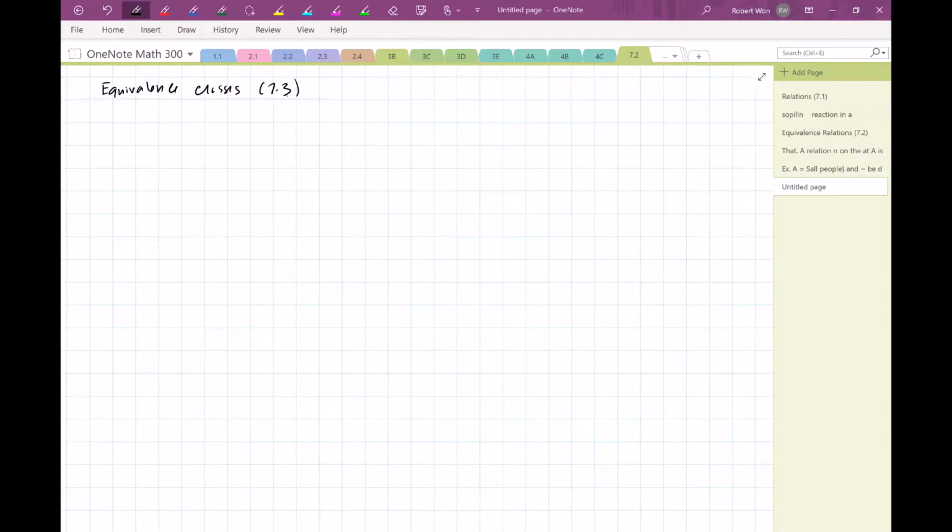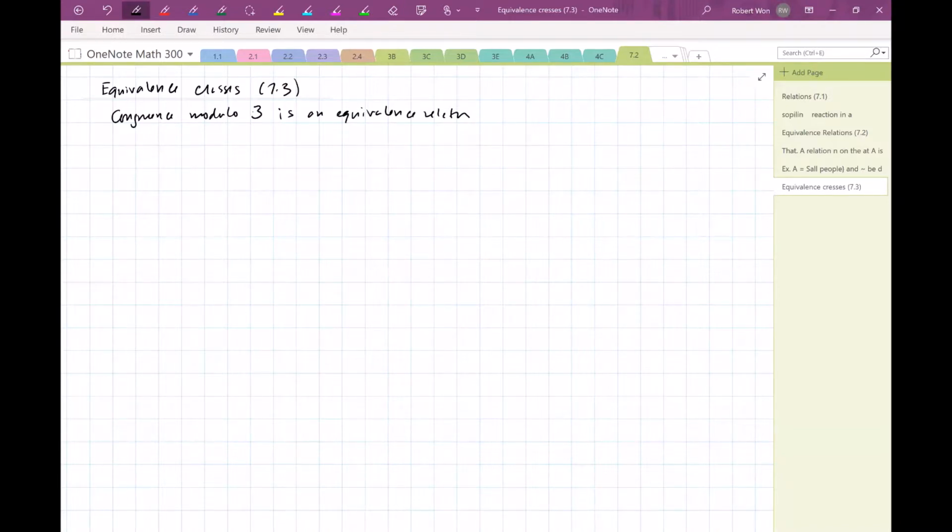Let's continue thinking about congruence modulo n. Congruence modulo n is an equivalence relation. For concreteness and small numbers, let's say congruence modulo 3 is an equivalence relation.